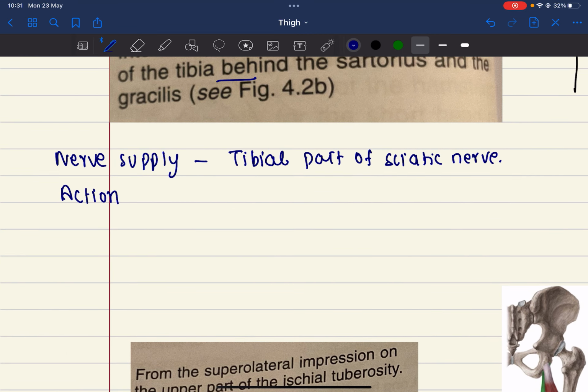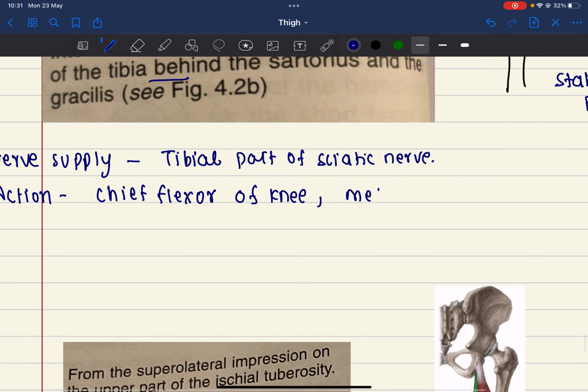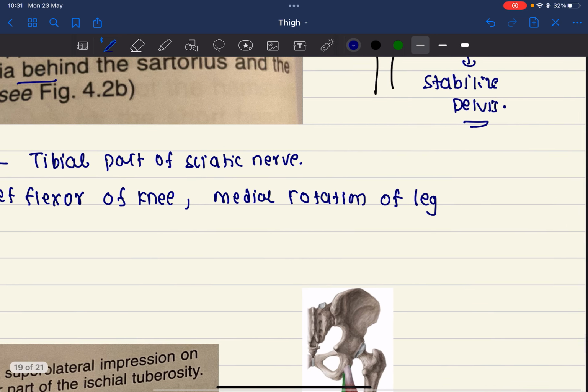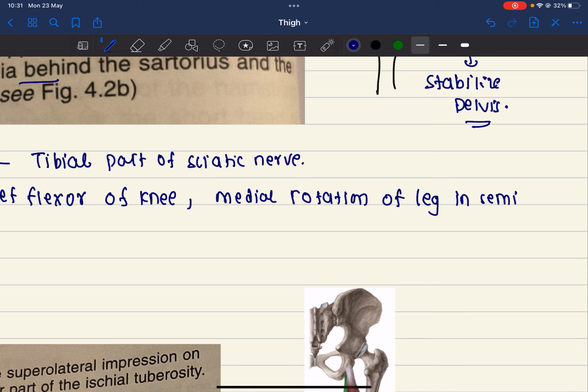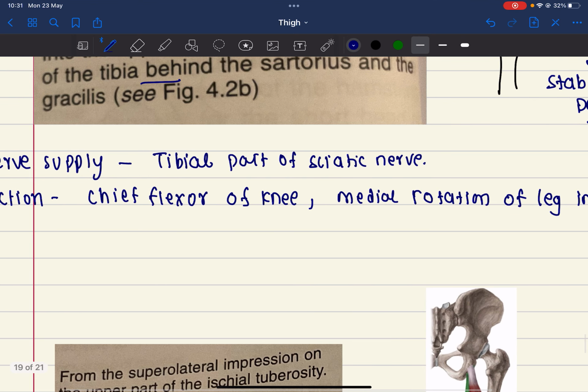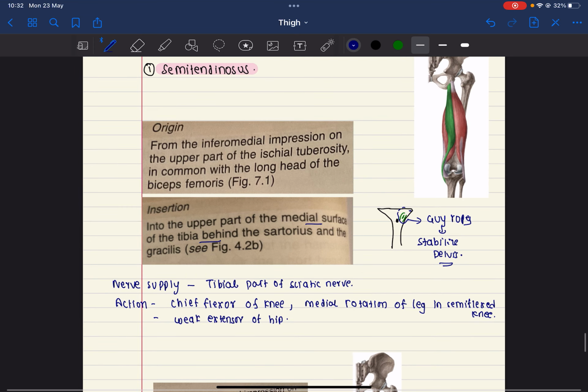Action के हुन्छ भन्दाखेरि it is the chief flexor of knee and it also causes medial rotation of leg in semi-flexed knee. र अर्को action हामीले माथि common characteristic मा include गरिसक्यौं. It is also the weak extensor of the hip. So this is about the semitendinosus.